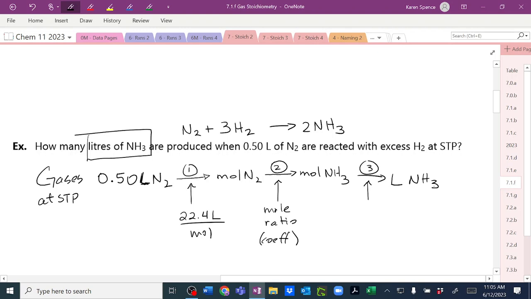And moles to liters, these again are gases at STP. Moles and liters would be molar volume, which is 22.4 liters per mole. And I want you to take note of the fact that we have this conversion factor not once, but twice. Let's see what that looks like.